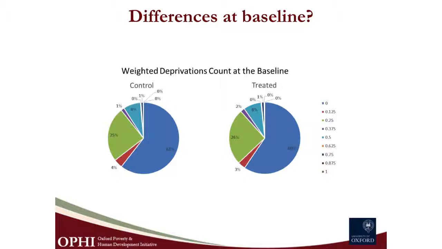What you can see from the first one is that, according to my measure, there are lots of people who are eligible, but they actually are not even considered; they have 0 deprivations in my indicators. Which means that what they use to target is not exactly what I'm measuring here. According to my measure, the blue share is of households that have no deprivation. But the point here is that the percentage of the slices are similar across the two groups. That's the point for the example.